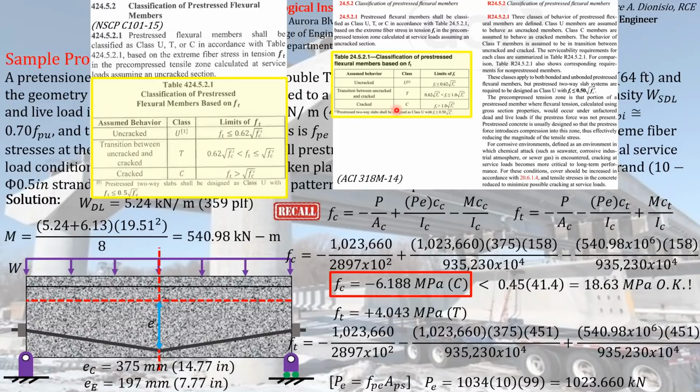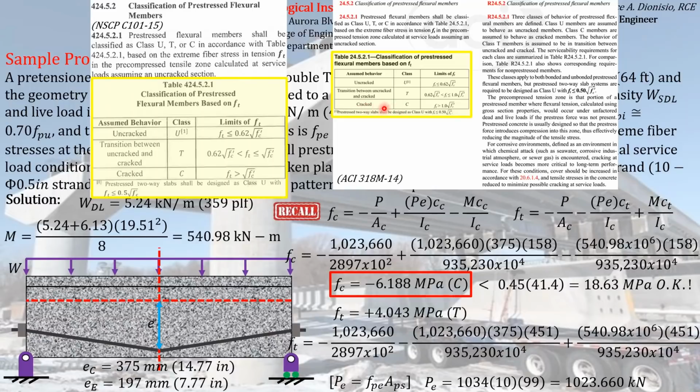So now, at service loads, actually these are at service loads, what will be the limiting tensile stress for us to be able to say that our concrete is still code compliant?